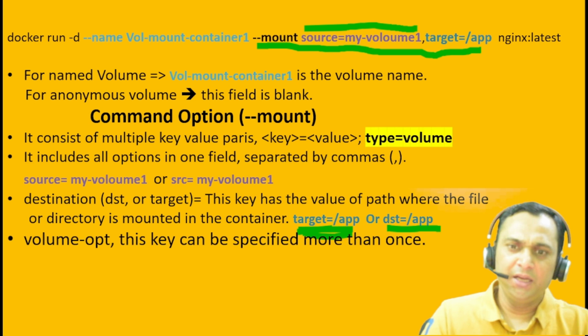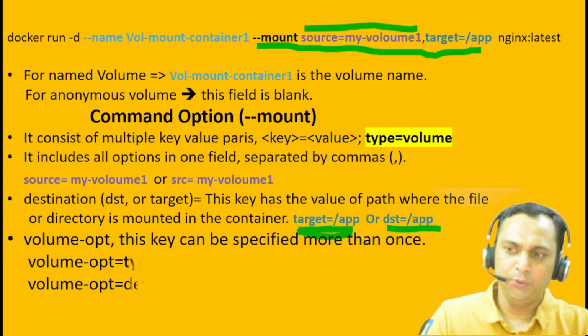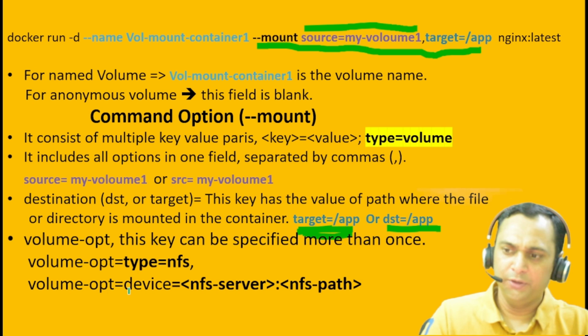When we use NFS as a mount point, we can use volume-opt type=NFS, and then volume-opt device equal to the NFS server IP, colon, followed by the path.